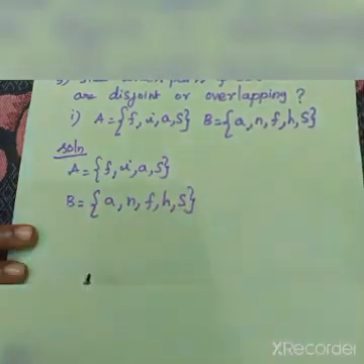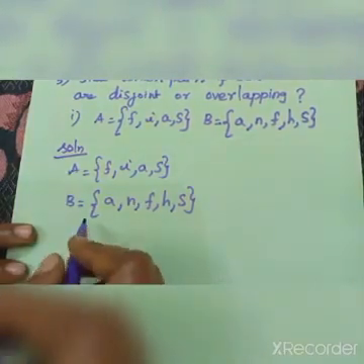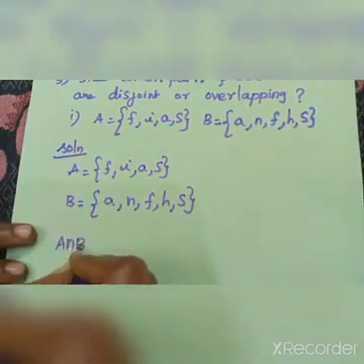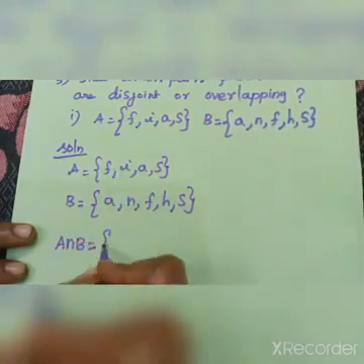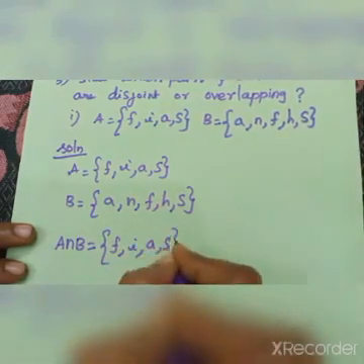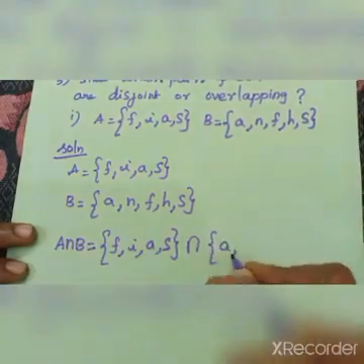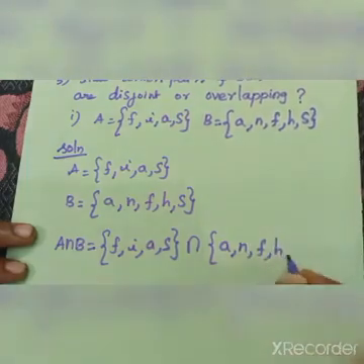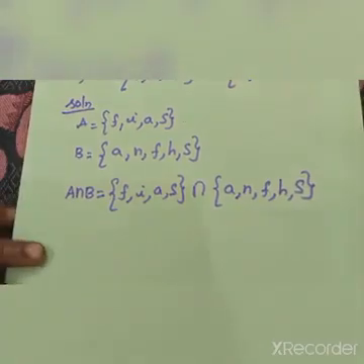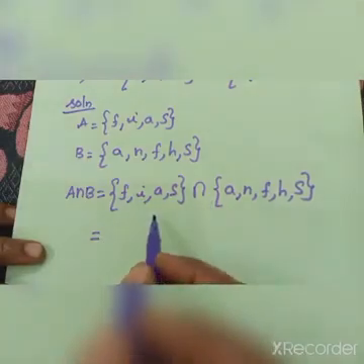To find disjoint or joint, what do we have to find out first of all? The intersection part. We have to check whether there are any common elements. So A intersection B is equal to the A set {F, I, A, S} intersection the B set {A, N, F, H, S}. After that we have to compare the elements and check whether any common elements are there. Is there any common element in both sets?